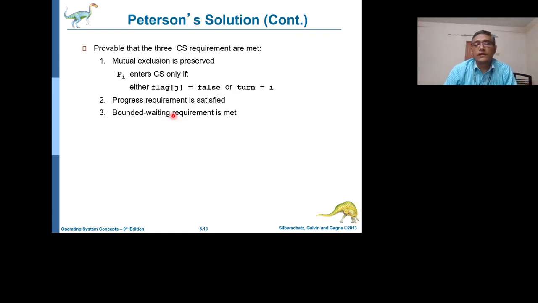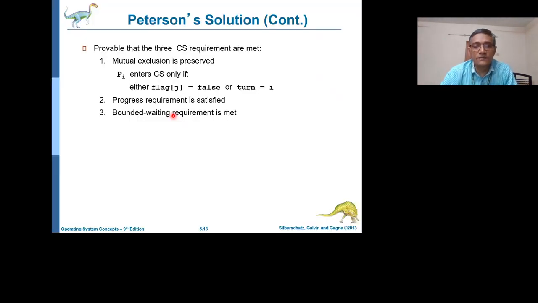The bounded waiting requirement is also met because once Pi has entered the critical section one time, it gives the next turn to Pj. Similarly, Pj, after entering the critical section one time, gives the turn to Pi. So in this way, this simple software-based solution solves the critical section problem.